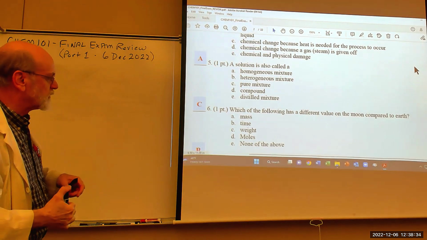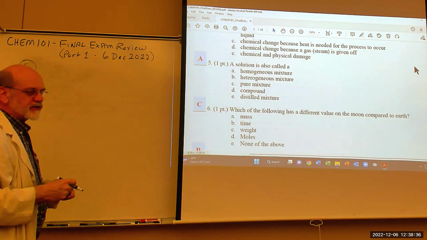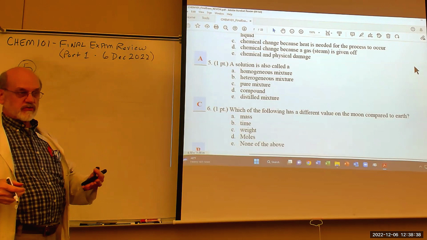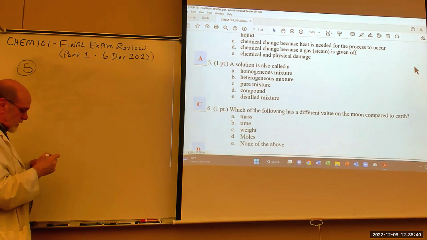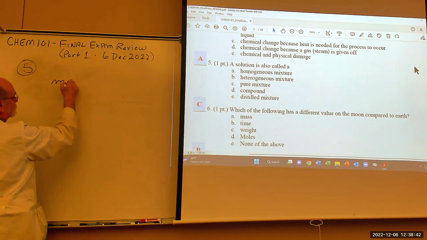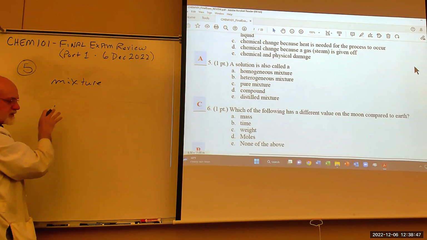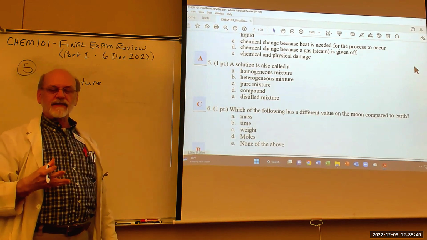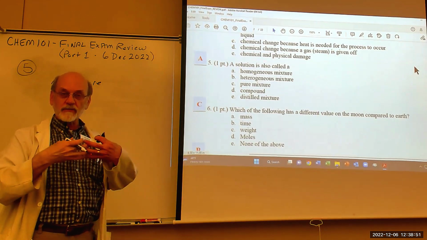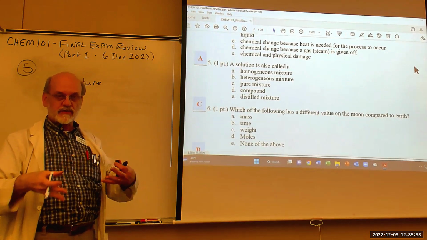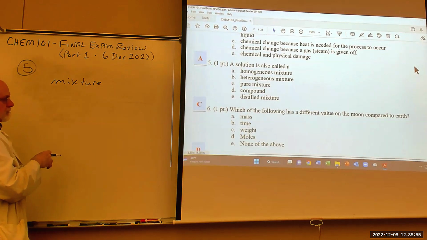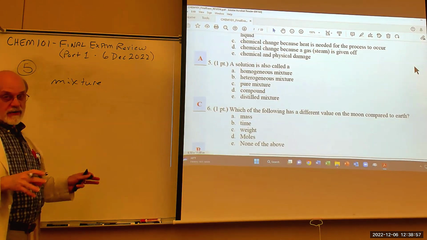A solution is also called what? This has to do with definitions of mixtures. A mixture is a combination of 2 or more substances that retain their identity while they're in proximity to one another in the mixture. And there's no chemical reaction.